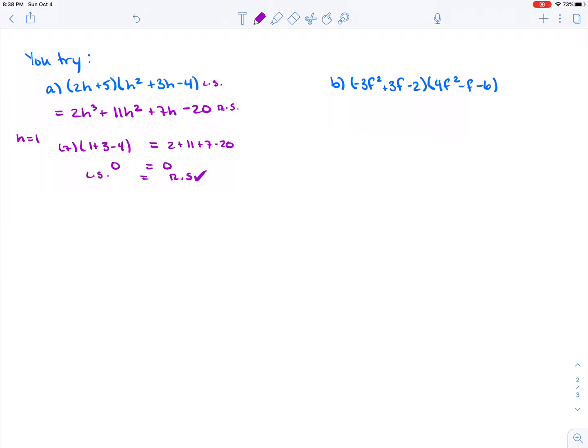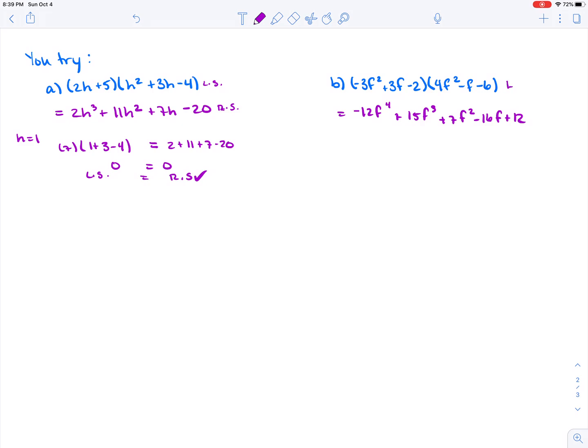And for B, you should get as your answer minus 12f to the 4 plus 15f cubed plus 7f squared minus 16f plus 12.